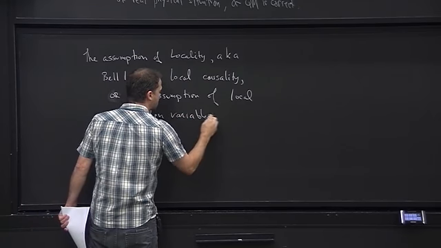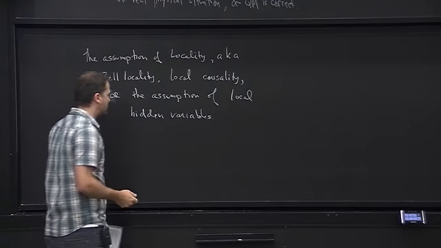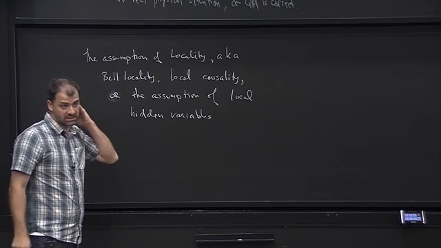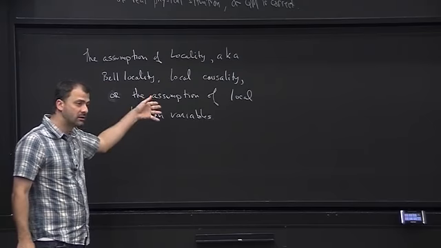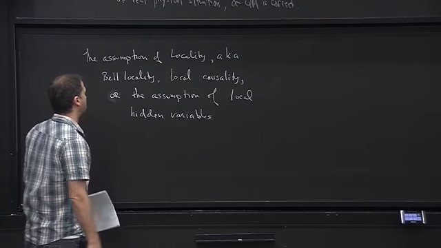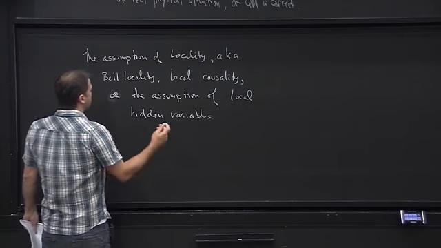This last term is misleading because the variables lambda can correspond to the quantum state itself. So calling them hidden is a little bit misleading. So these are various names for this.